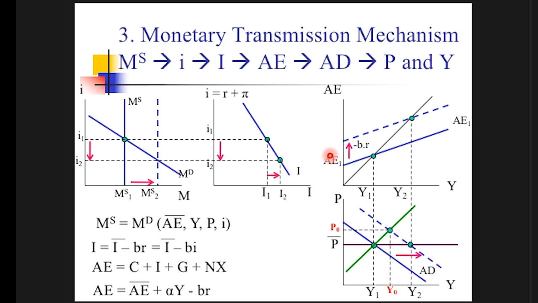In the third diagram, we have higher expenditure. And in the last diagram, we have both higher price and higher GDP. So this is the result or the effect of monetary transmission in the economy.